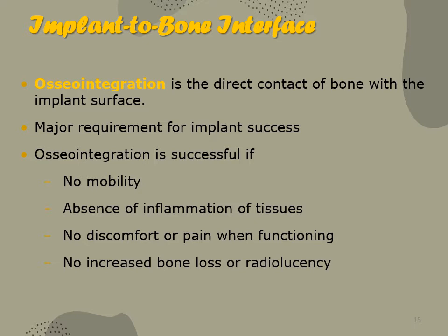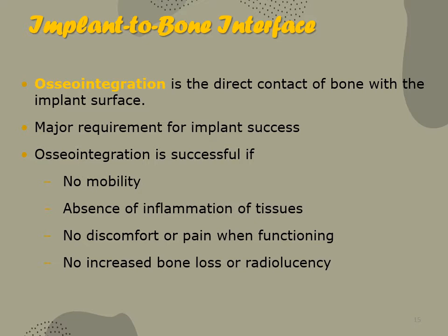The osseointegration is successful if, one, there is no mobility around that tooth. Any type of mobility on an implant is a sign of failure. Two, absence of inflammation of the tissue. We don't want the tissue to get really inflamed and red because that would be a sign of infection or rejection. Three, no discomfort or pain when functioning.